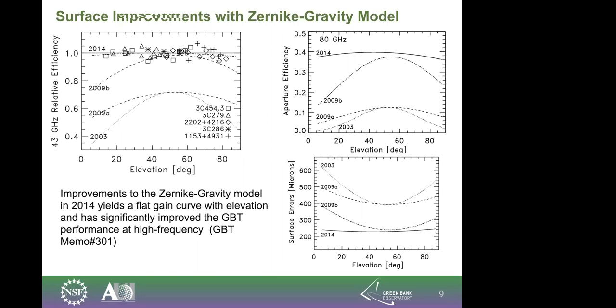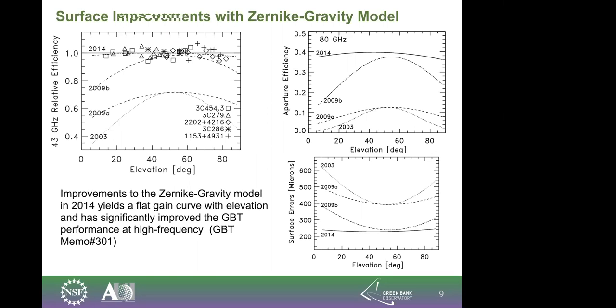I showed that figure where we compared January 2009 to September 2009, and we saw how the dish improved over those months. This shows the relative efficiency for those, and the last one is from 2014, at the very top.